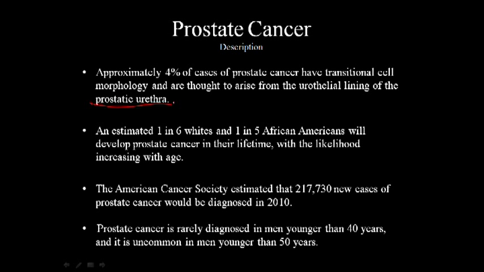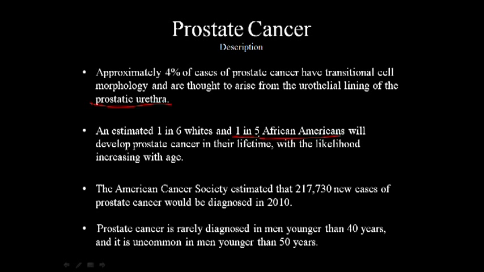An estimated 1 in 6 white people and 1 in 5 African Americans will develop prostate cancer in their lifetime, with the likelihood increasing with age. Notice that African American males tend to have a higher risk of prostate cancer. It's really unknown why.